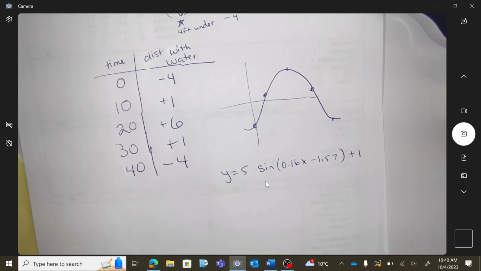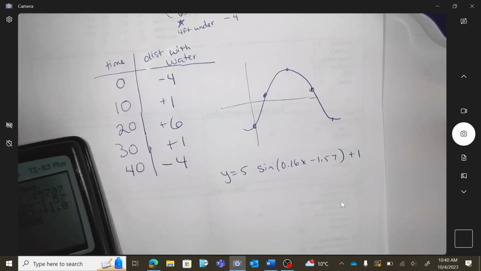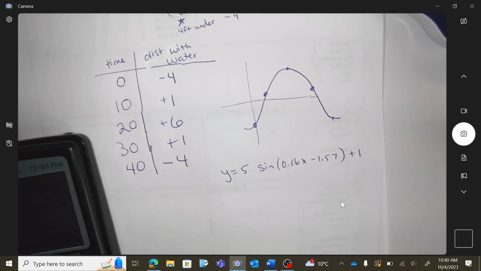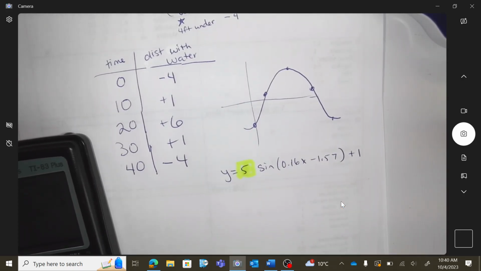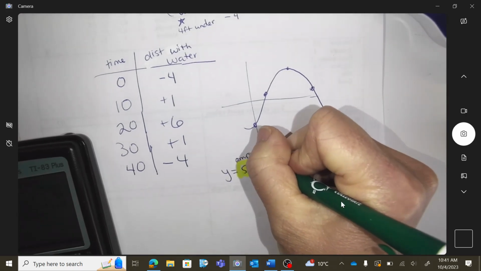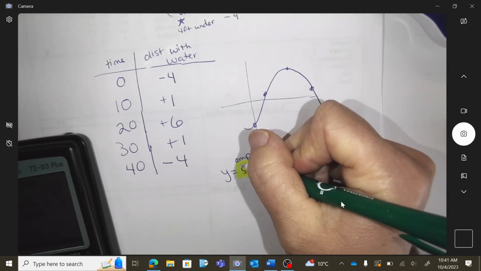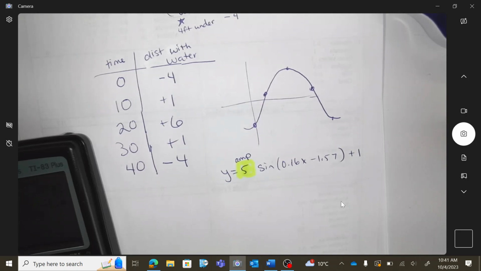Everyone's good with the numbers I'm getting? Here's some things I'm going to observe. Why did they put a 5 in the front there? It is the amplitude, and within a circle, what does your amplitude resemble?